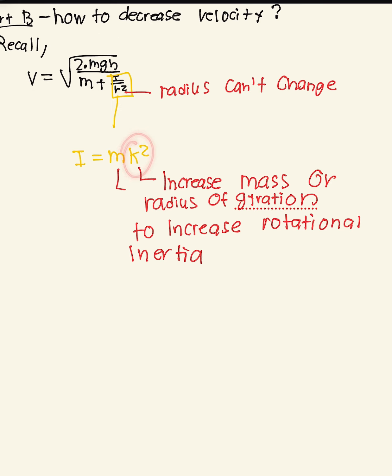And the more effective one is increasing the radius of gyration, since it will do more than increasing the mass. Also, the mass exists in the numerator too, so it is not going to be as effective as increasing the radius of gyration.